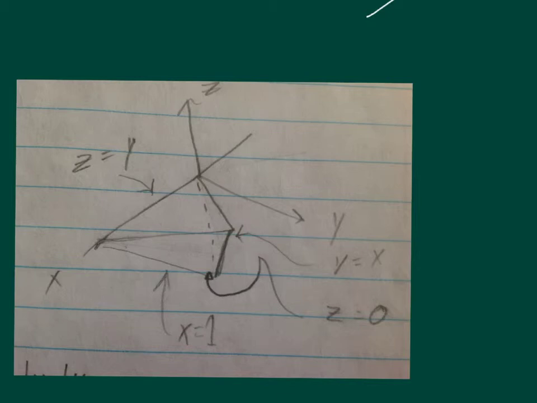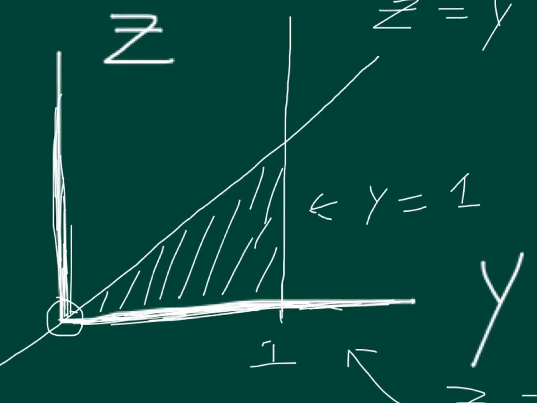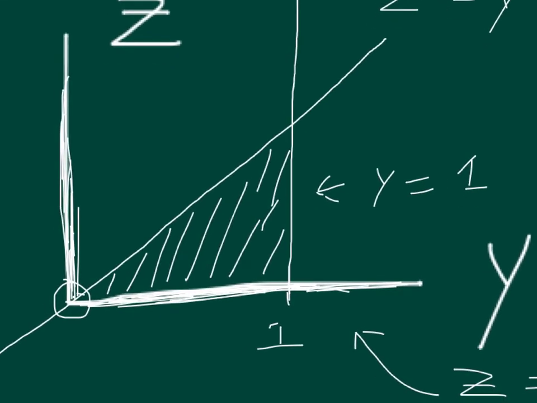So remember back to our ZY plane. Our ZY plane is here. And the region that we found is this triangular region that starts here at the origin of this ZY plane.